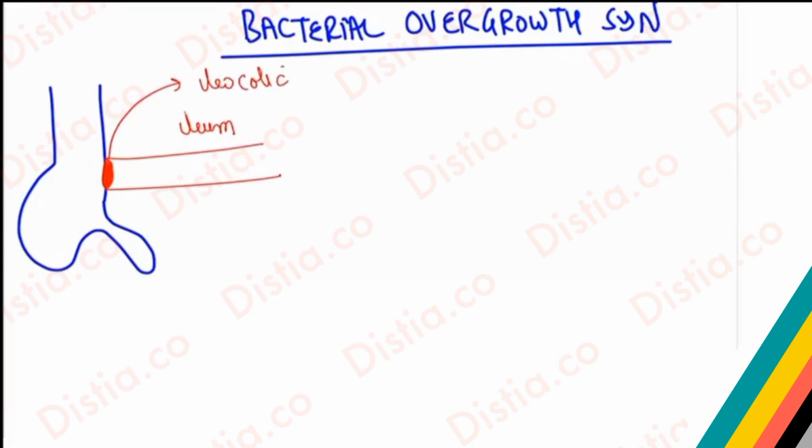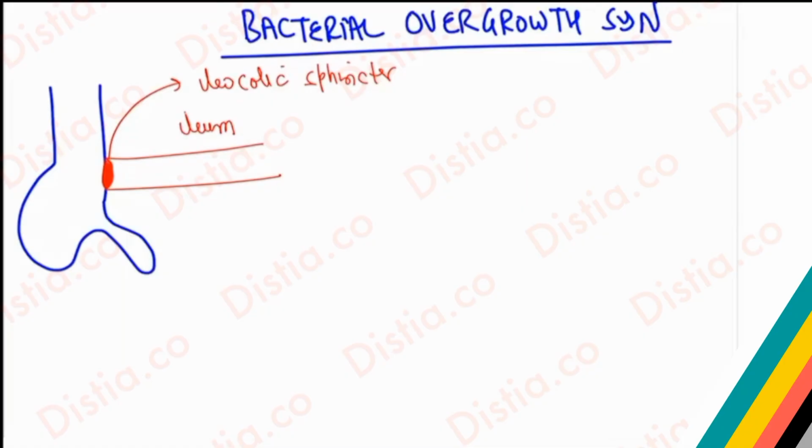This ileocolic sphincter works as a one-way valve. It will always allow food from the small intestine, that is the ileum, to go into the cecum, but it will not allow any contents of the cecum to come back into the small intestine.